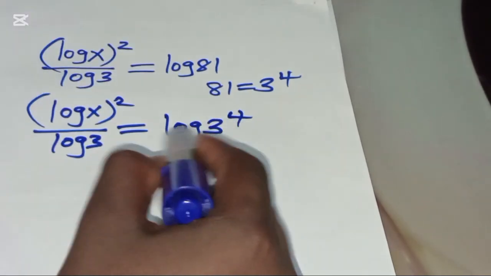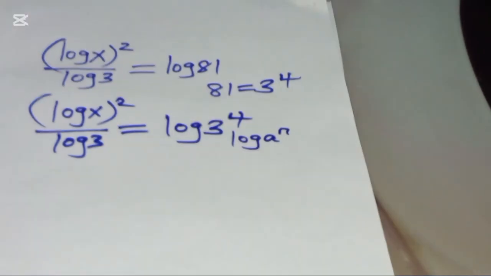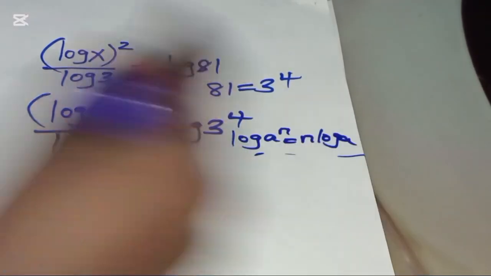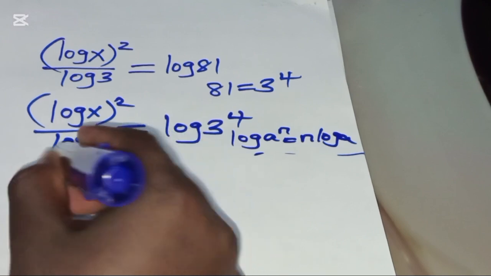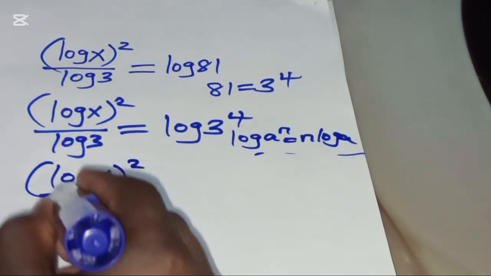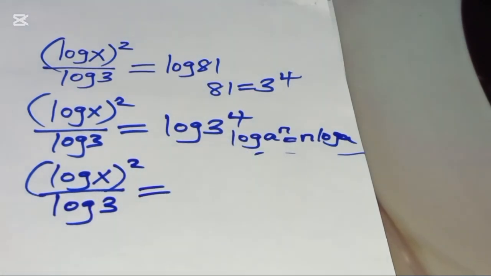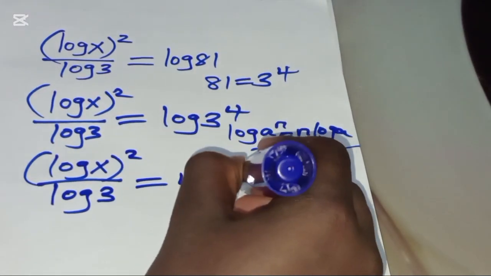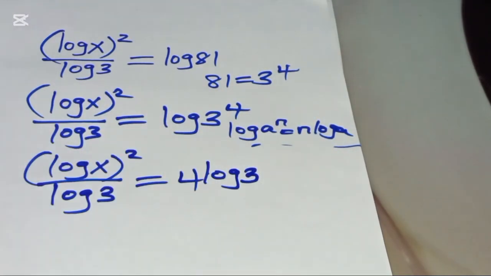Now, applying the power property of logarithm, log a to power n is n log a. So we have log x to power 2 divided by log 3 equal to 4 log 3. So log 3 to power 4 becomes 4 log 3.